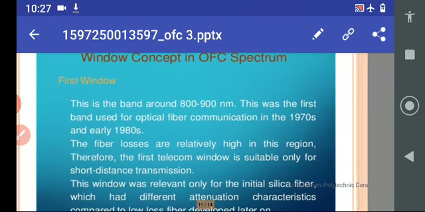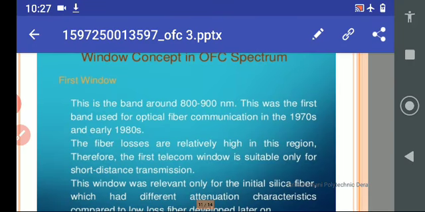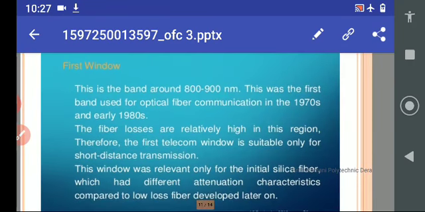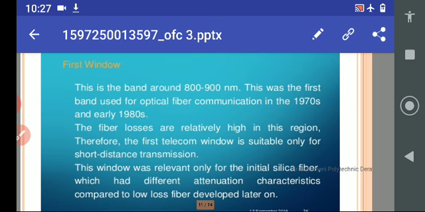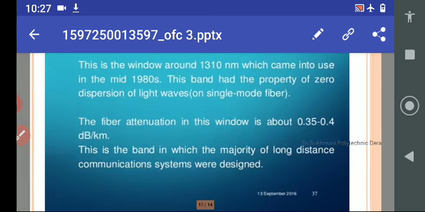So the first window was at around 800 to 900 nanometers, and it is suitable for short distance applications in optical telecommunication, and they are making use of plastic optical fibers. The distance traveled is very short.